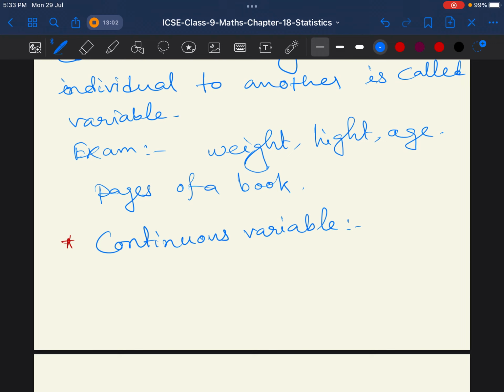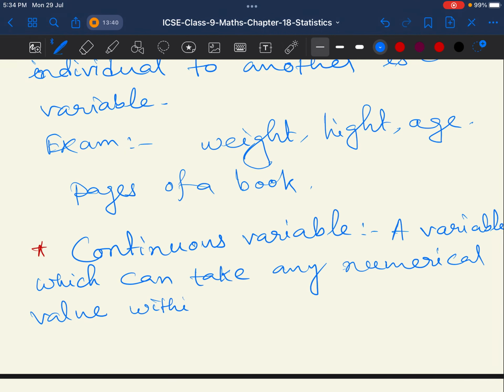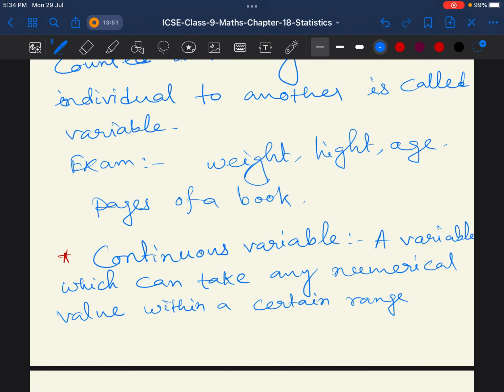A variable which can take any numerical value within a certain range is called a continuous variable, and it is not fixed.